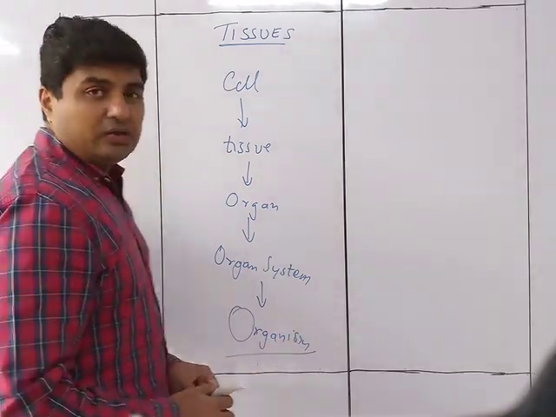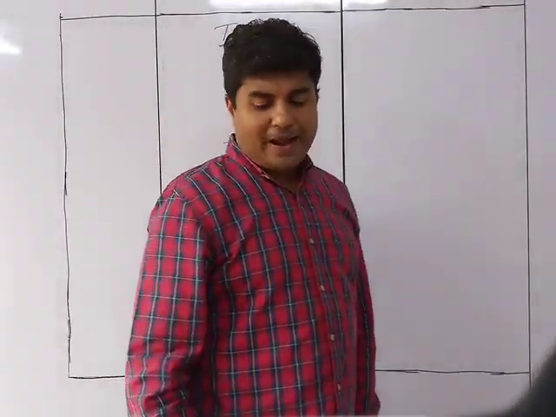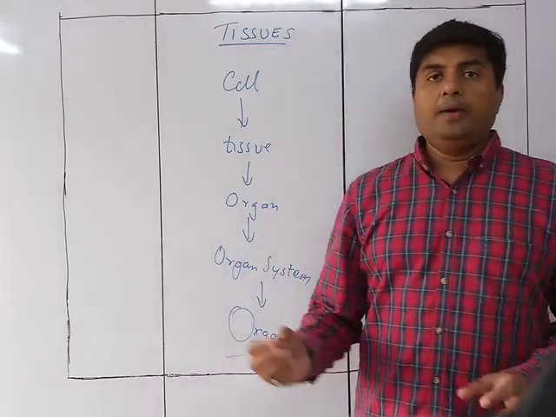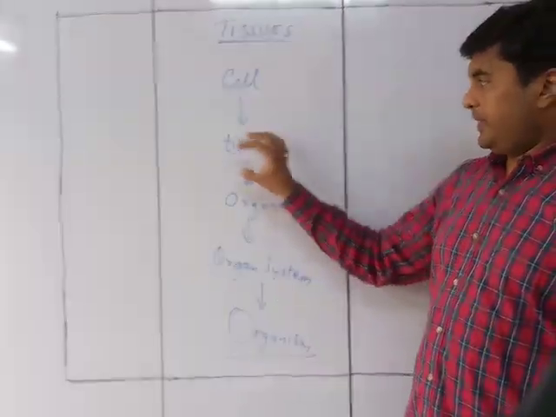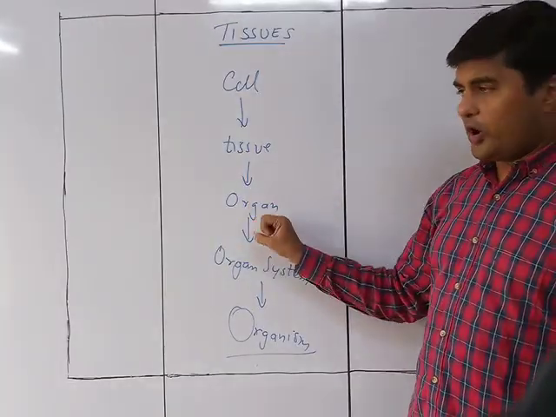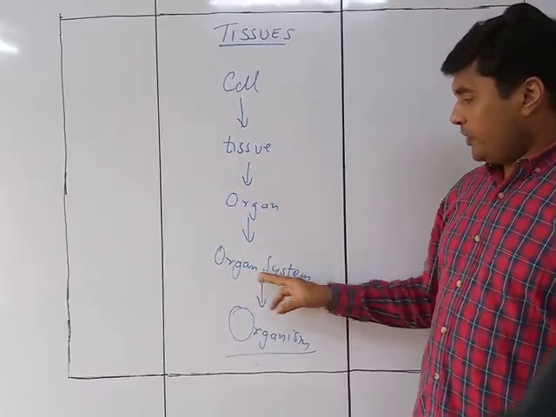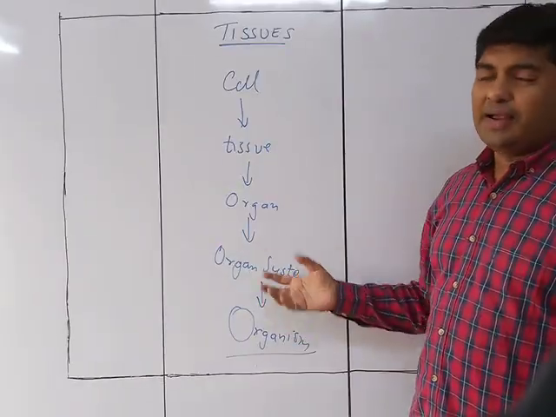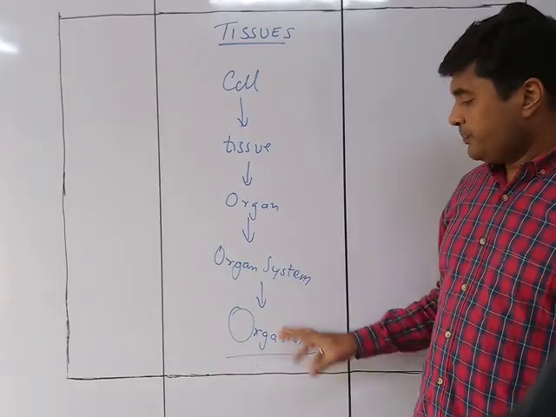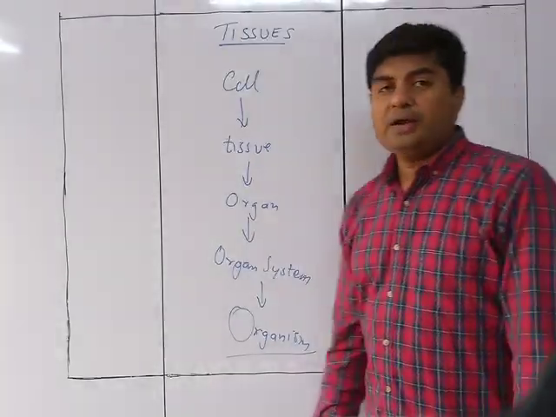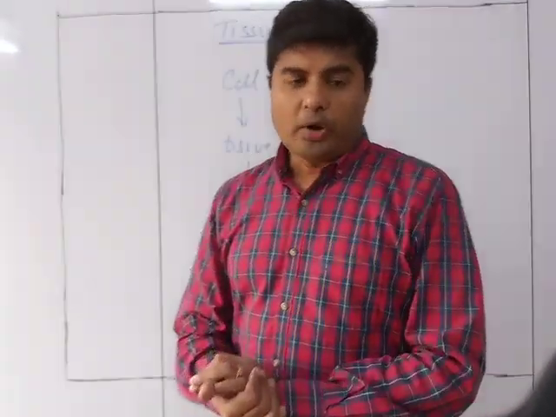This is how the organism, our body or a plant body, is formed, by multiplication of cells and tissues, and the combining of tissues into organs, and organs into organ systems, to form this whole body of ours.